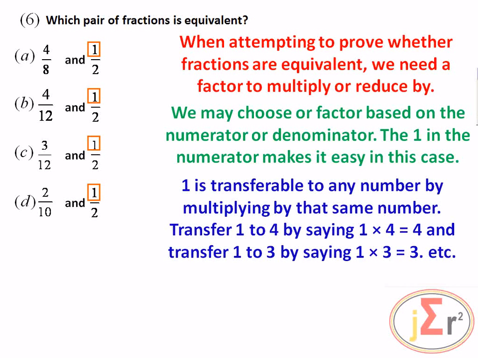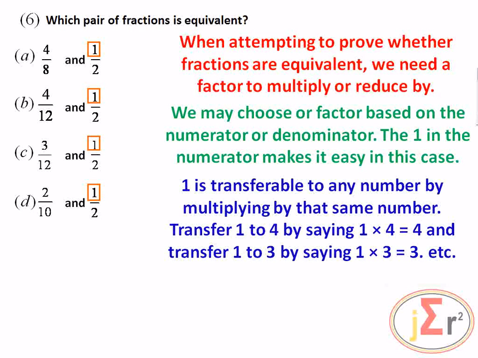What is the factor that we need to multiply by? 6. Yes, we need to multiply by 6. Or 6 is one number that we could use, because for 3 to be transferred to 18, we need to multiply that by 6. So 6 is a factor that we could use.